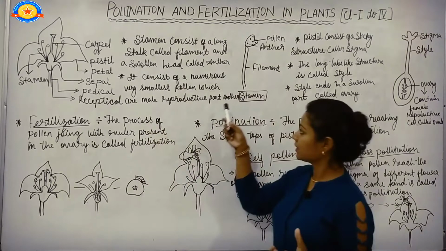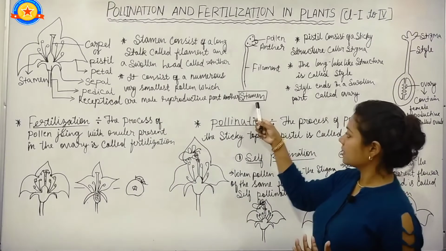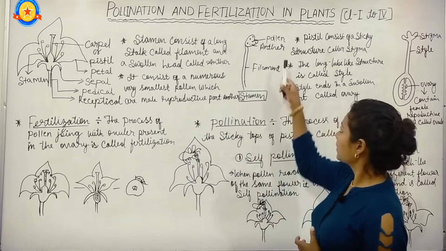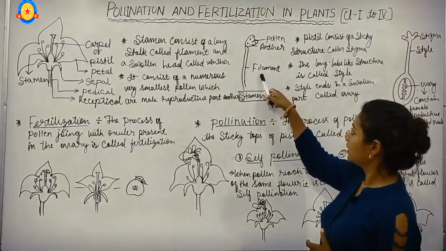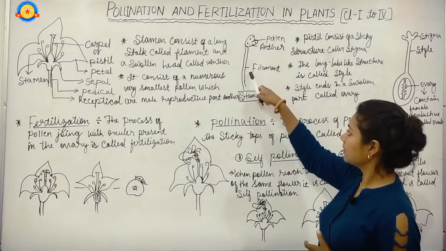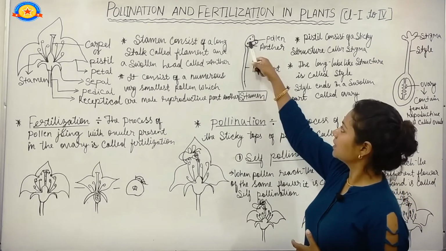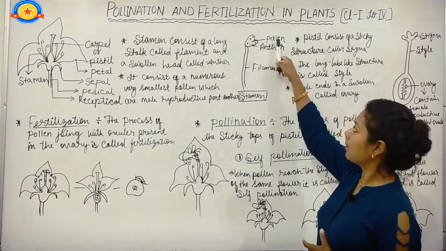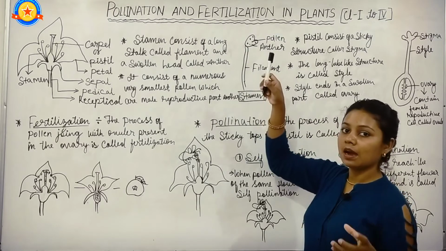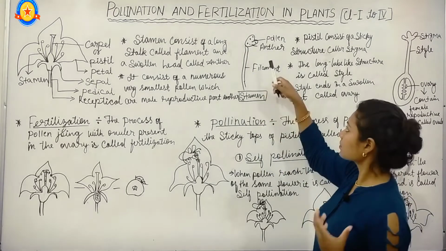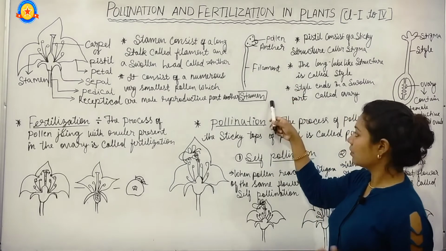As I told you, in the stamen we have different parts, the anther and the filament. This is the anther and this is the filament, and this dot-like structure is the pollen grain, the male reproductive part of a flower.